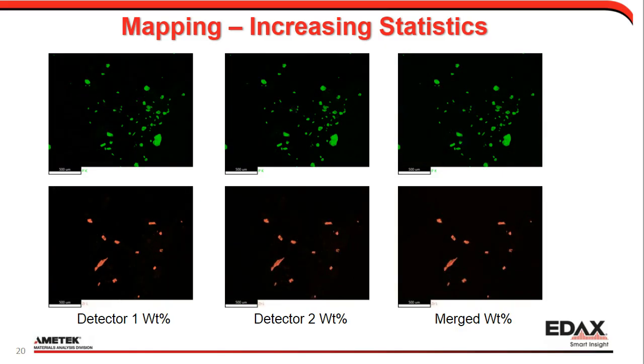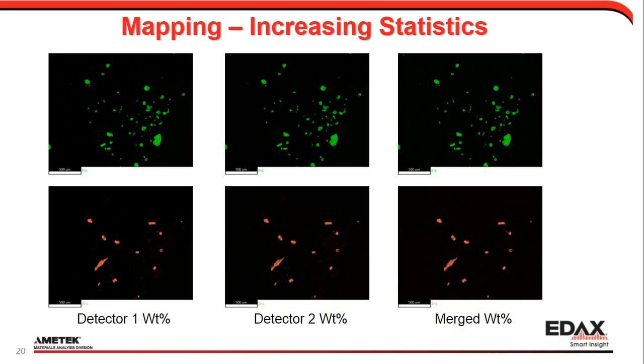And depending on your screen resolution, you can see some differences in the merged weight percent map. It looks kind of subtle, but some of the grains where we have a bit of noise are cleared up in the weight percent merged map, because we now have the sum statistics of the two individual maps.